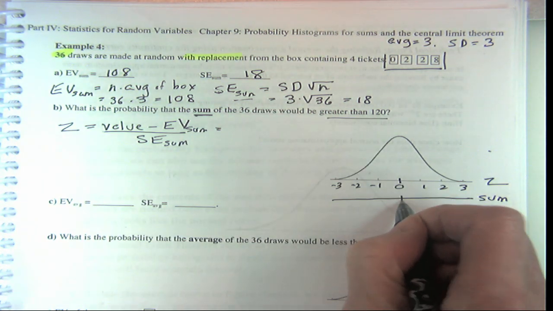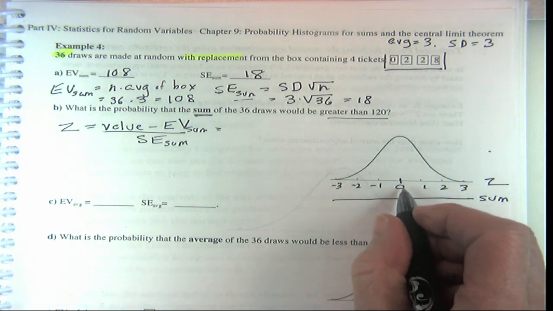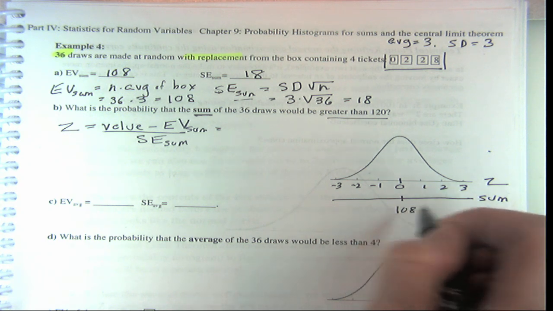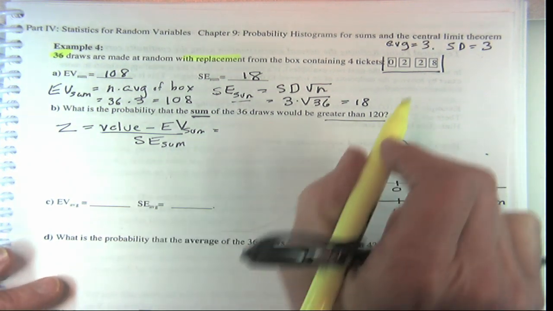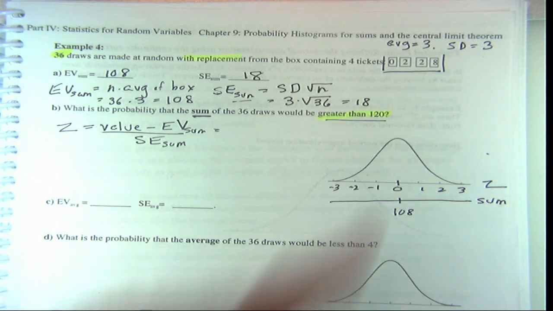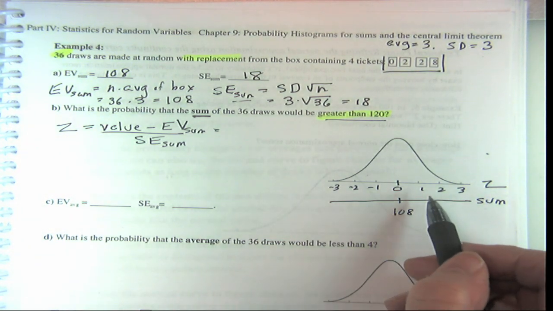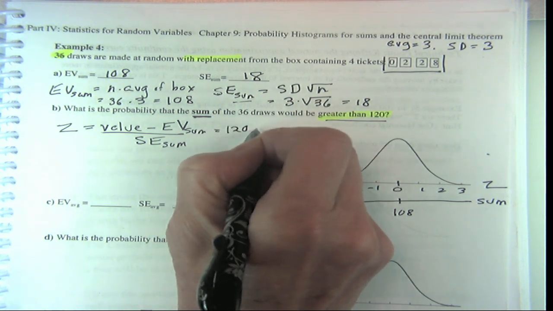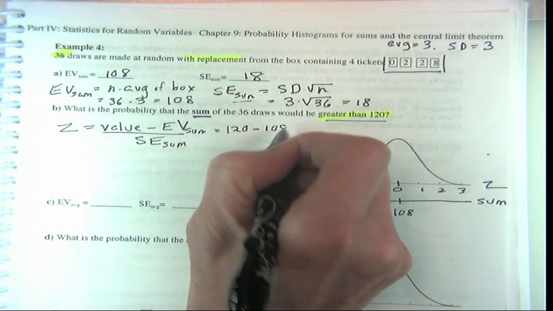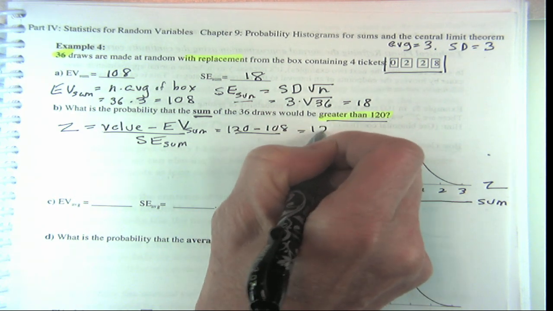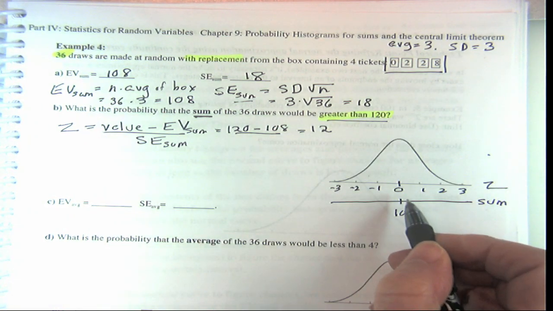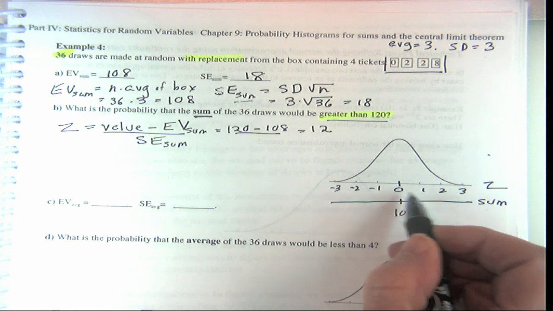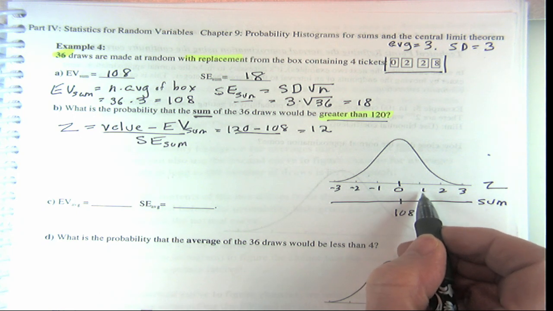Just to remind you, the expected value is going to be right in the middle. That's 108. And we're asking for 120, so where to place 120 on here. Well, our value is 120 minus the expected 108. So we know that's 12 above, but what is it in terms of these standard errors?